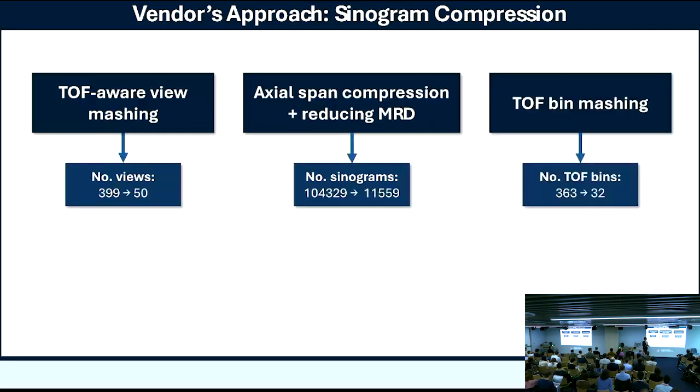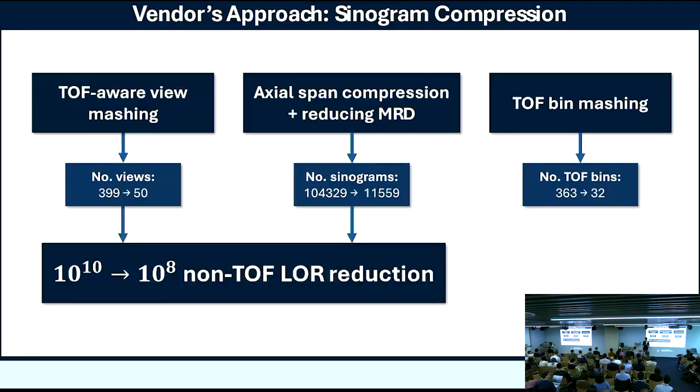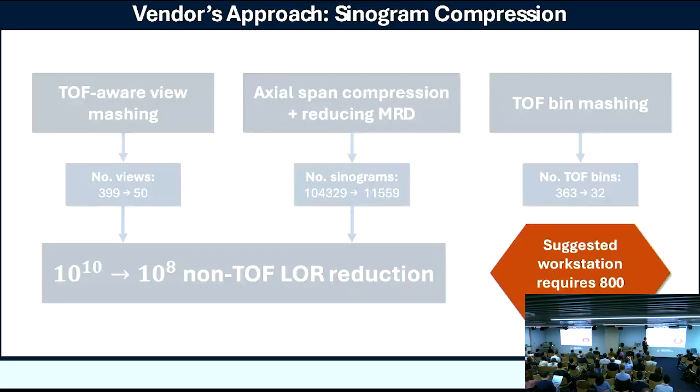Lastly, time-of-flight bin meshing is used to further reduce the number of bins that you use in the reconstruction procedure, which does indeed reduce the number of LORs that we have in our forward projection and back projections, but we still require a very powerful workstation with around 800 gigabytes of RAM, which is about £9,000 in today's economy. So it becomes quite difficult.